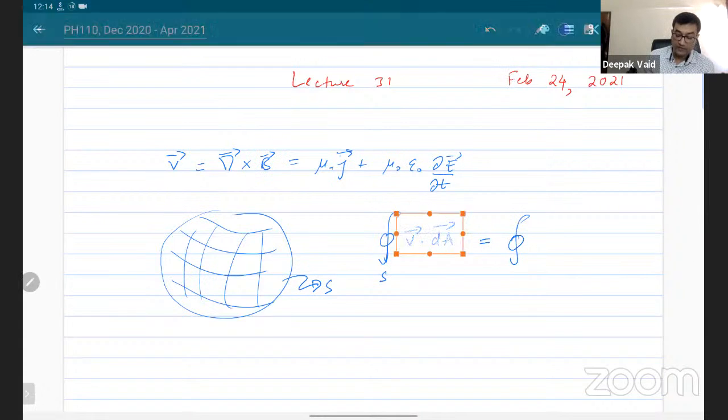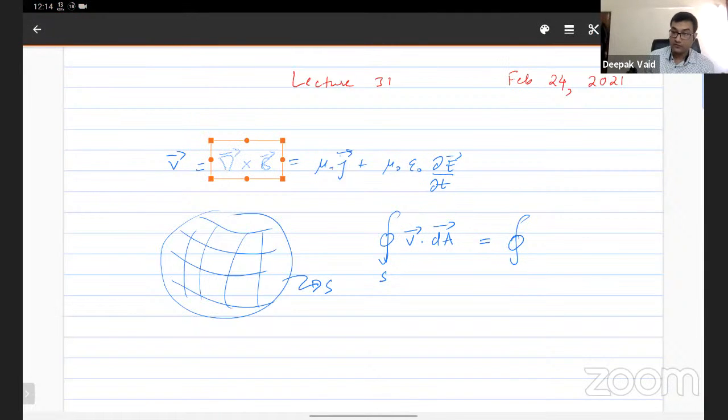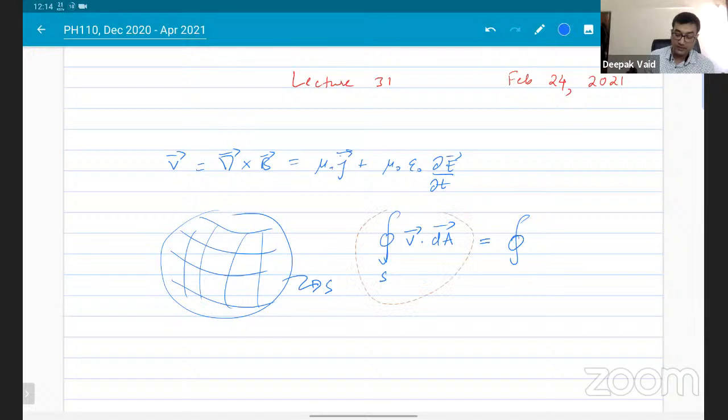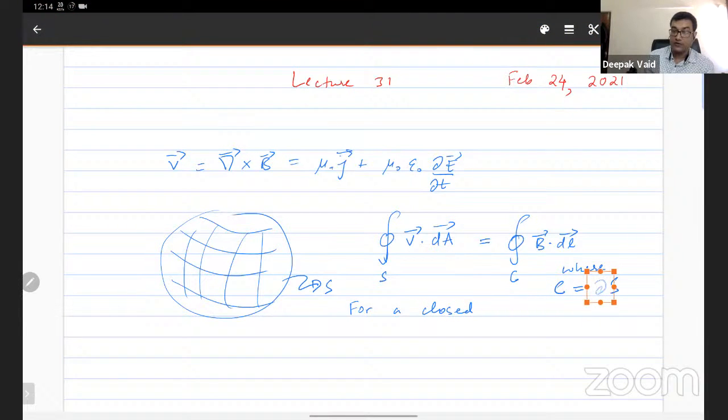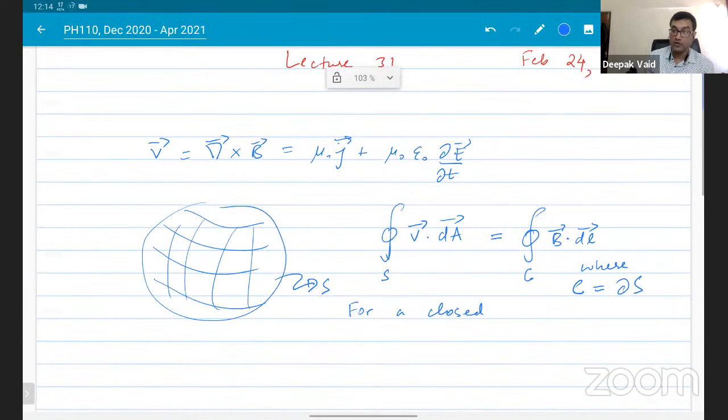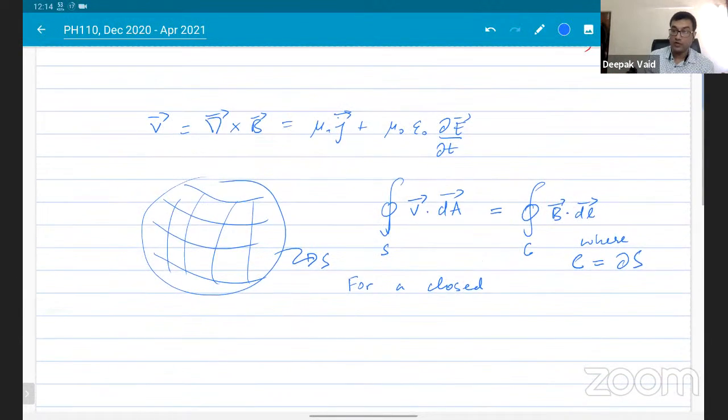So whenever you calculate the flux of some vector field, and that vector field happens to be equal to the curl of some other vector field, then this can be written as the line integral of B dot dl around some closed curve. But for a closed surface, what is this C? This is the boundary of the surface S. When I write dou of S, I'm talking about the boundary of something.